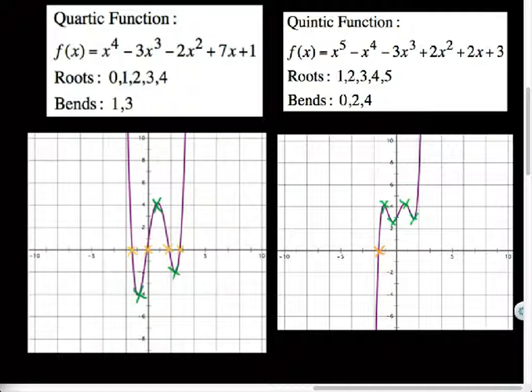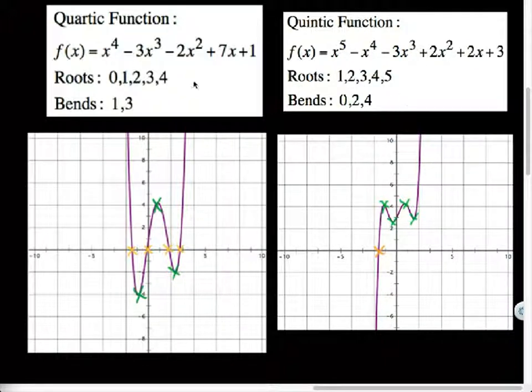Well, what could you tell me about the relationship between the number of roots it has and the degree? The maximum number of roots is the same as the degree.